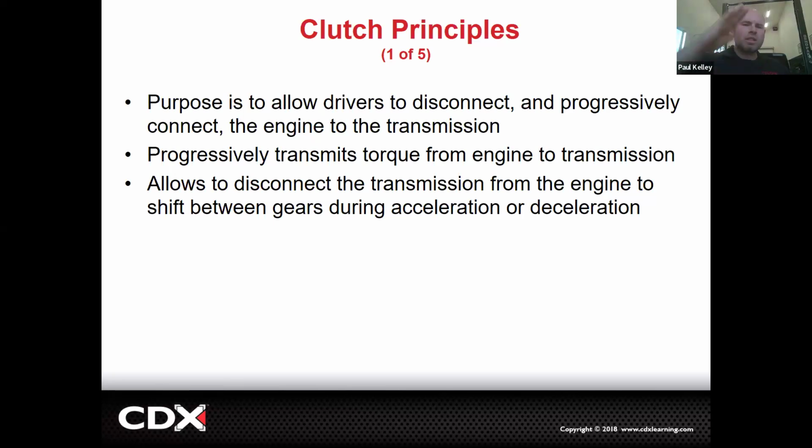As you release the pedal, the clutch becomes engaged. Okay. By default, if you take the clutch release mechanism, whether it's linkage, cable, or hydraulics, out of the picture, your clutch is applied.